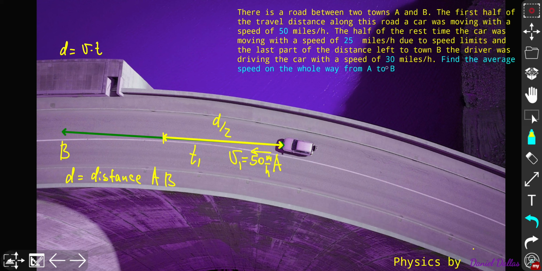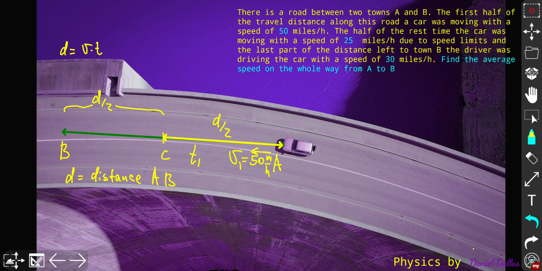Okay, so how can we mark that part? Definitely, to the point C, for example, that's some entering point C, it covered d over 2. For the second part, it's definitely d over 2 left. That's fair enough. Here's d over 2.